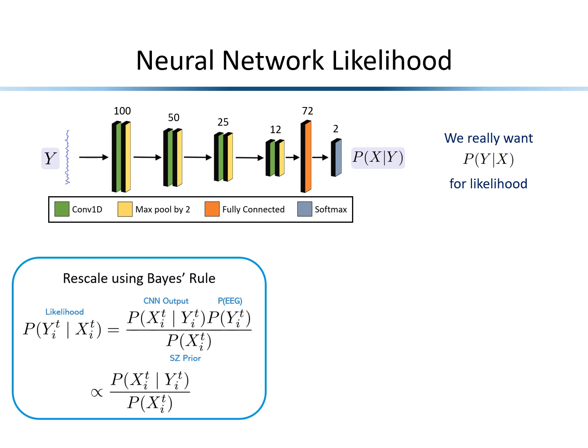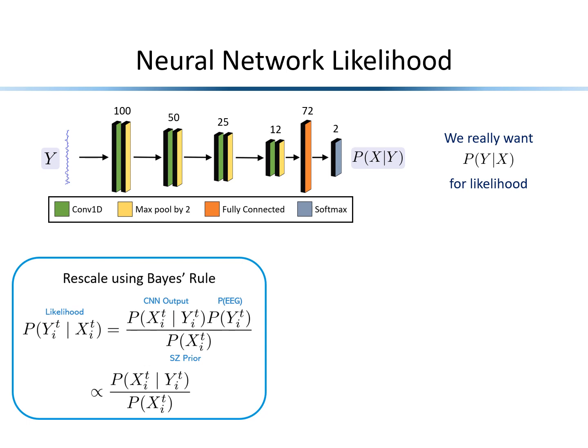So the likelihood that we want, P(Y|X), can be rewritten as a quotient. In the numerator is the CNN output, the posterior, times the probability of the EEG data, P(Y), divided by the seizure prior. In terms of inference, this P(Y) term is constant regardless of what state the channel is in, whether it's pre-seizure baseline, seizure, or post-seizure baseline.